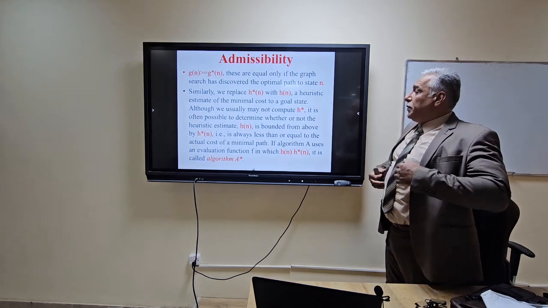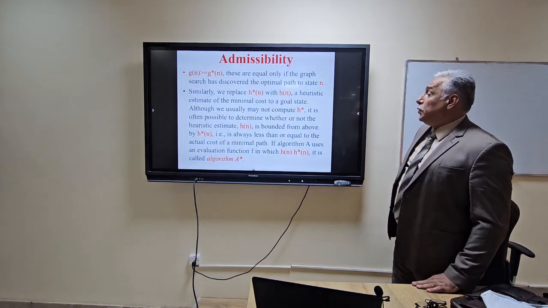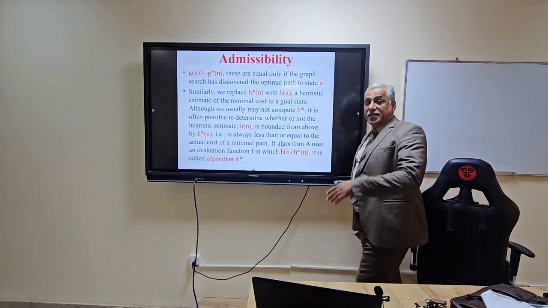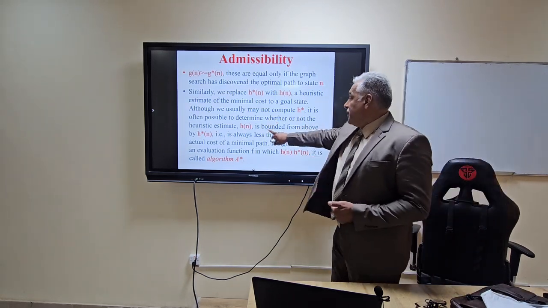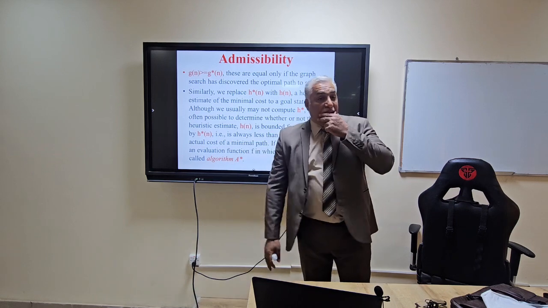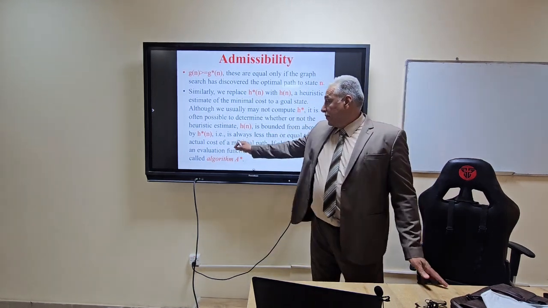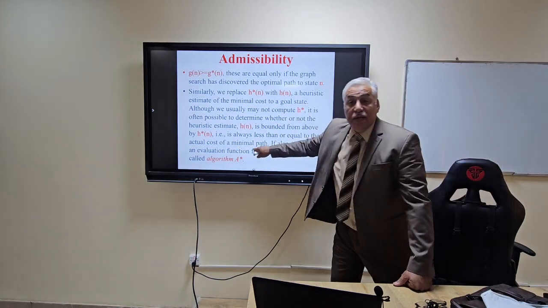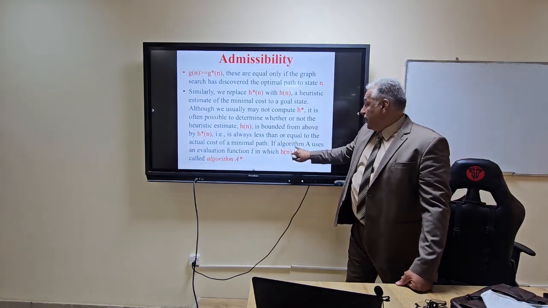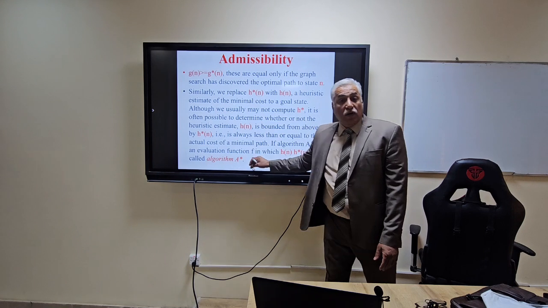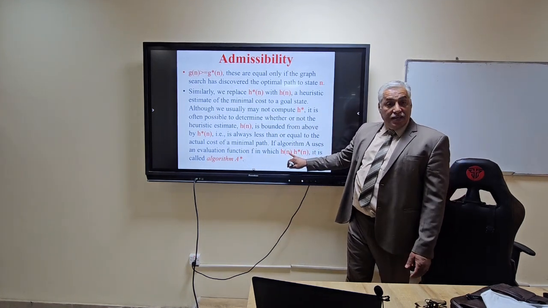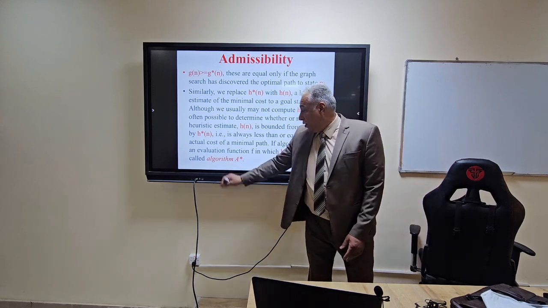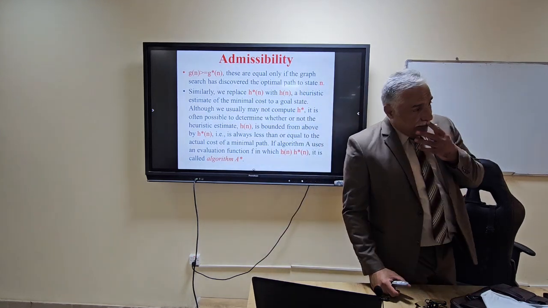We may not be able to compute h star. It is often possible to determine whether the heuristic estimate h(n) is bounded from above by h*(n), that is, it is always less than or equal to the cost of the minimal path. If algorithm A uses an evaluation function where h(n) is less than or equal to h*(n), it is called the A star algorithm.